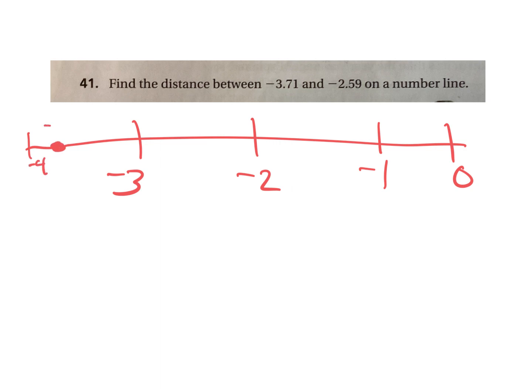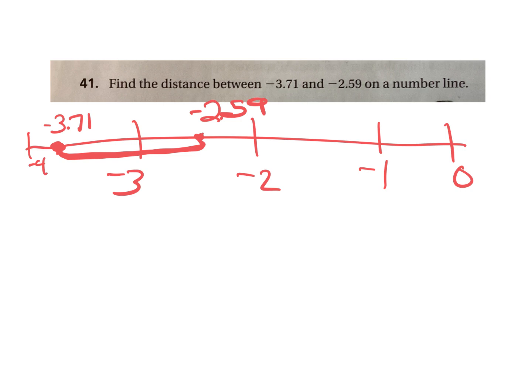We'll put that one here, negative 3.71, and then negative 2.59. So what I need is the distance from here all the way to here. And I know that it looks like it's going to be just probably about 1. But they're both negatives. I won't even worry about that.